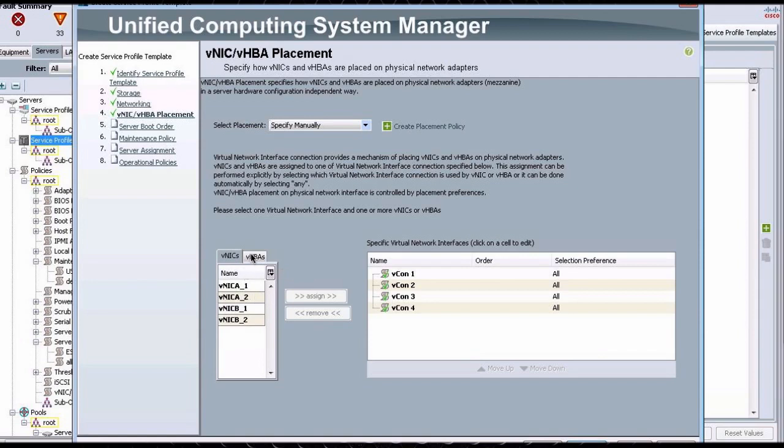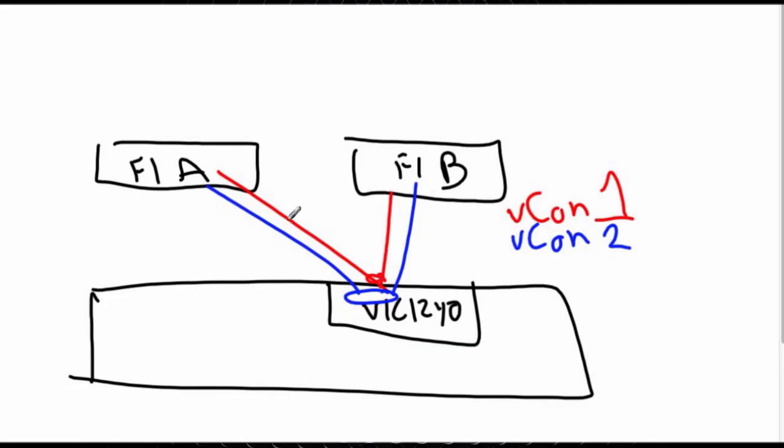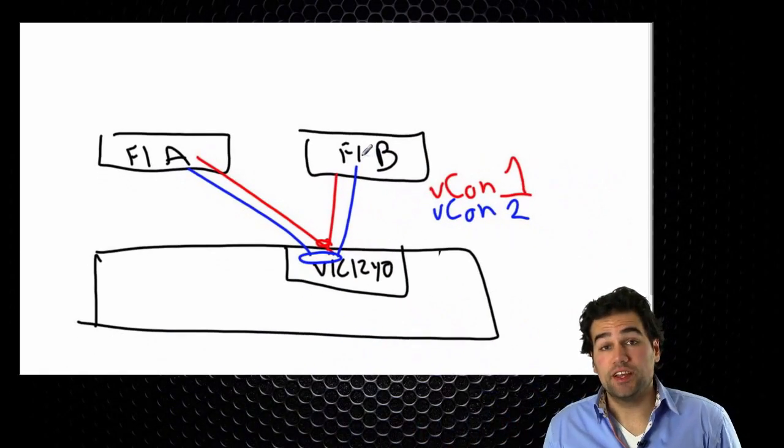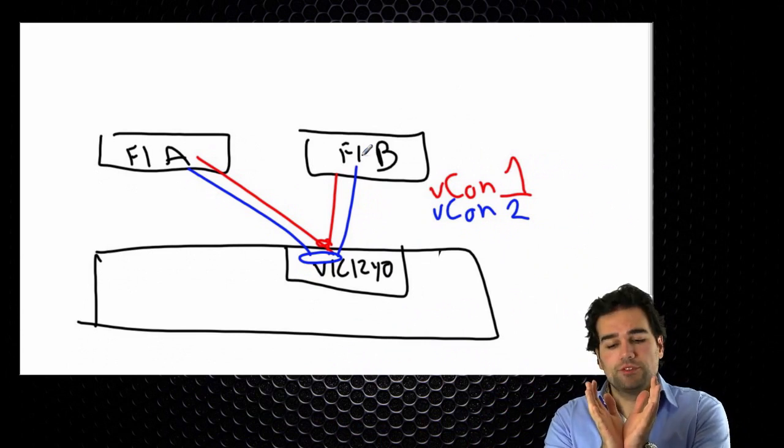So in this case, I'm going to say, all right, VHBAs are going to go in vcon 1. Now I can put both of my VHBAs in the same vcon. Why? Because every vcon has access to both fabrics. It's not sharing a single connection. I really have two paths in each vcon that I can use.